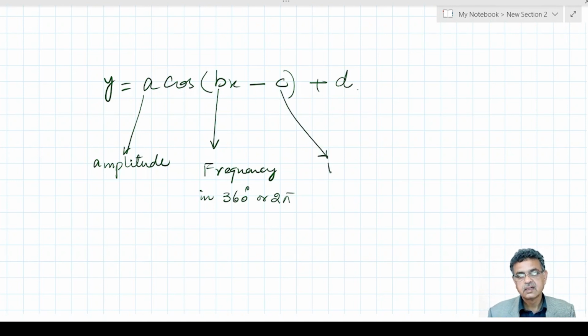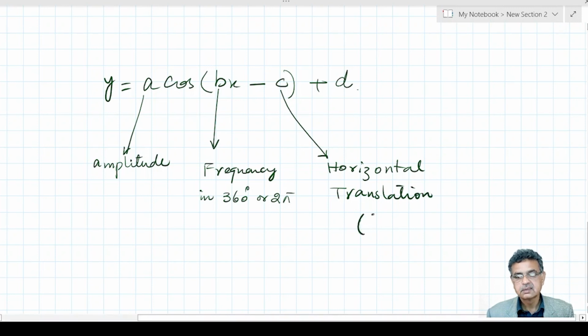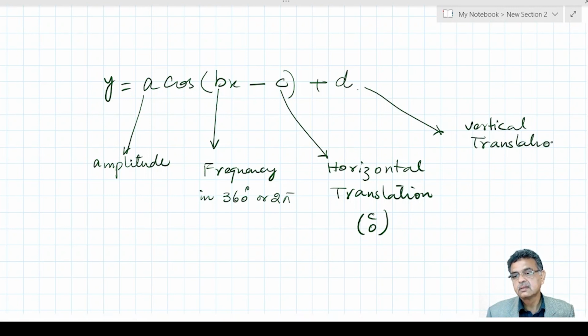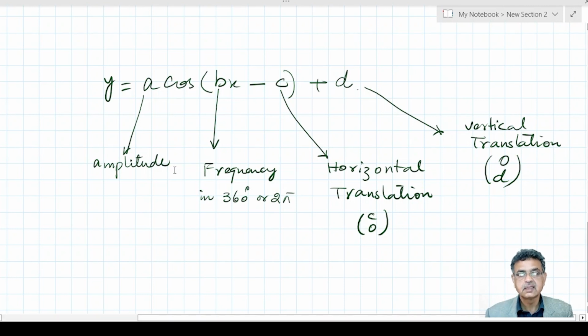This is horizontal translation, that is C, 0, and this is vertical translation, that is 0, D. Here you should realize that when there is a negative sign here, we write it positive over here, and if a positive sign is written here, then this will be negative.